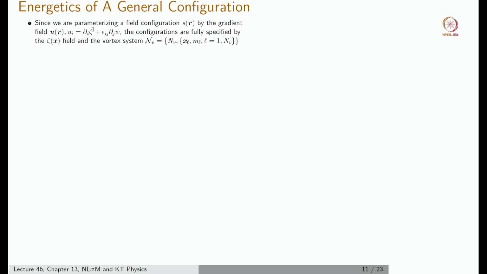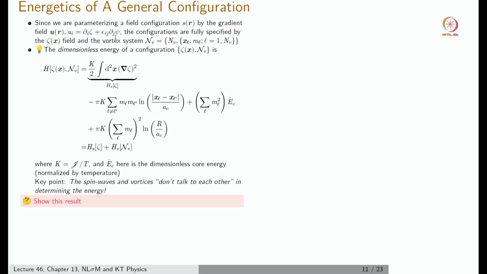We know how to write zeta for spin waves. We know how to write psi for a given configuration script N_V of these vortices. For this script N_V, you have to specify the number of vortices, their positions, and the vorticity of each vortex. Once we do that, we can find the psi. And now what I hope I have convinced you is that if you give me any configuration, I can find zeta and psi such that I can describe the velocity. It's just Helmholtz here.